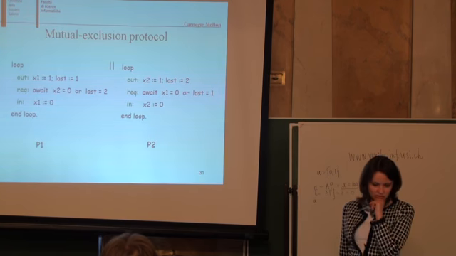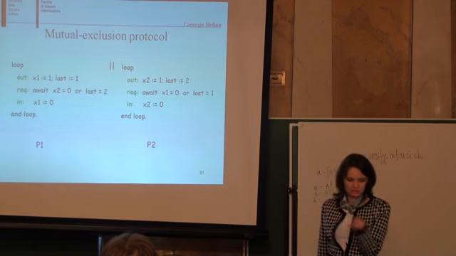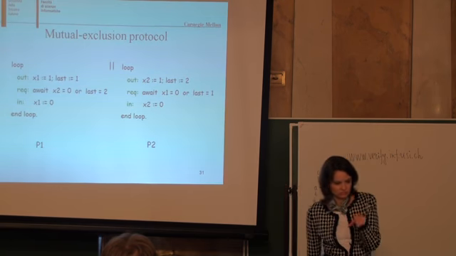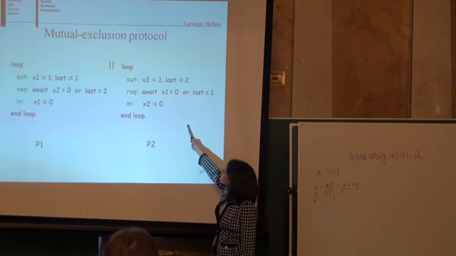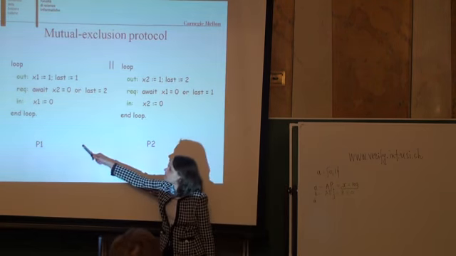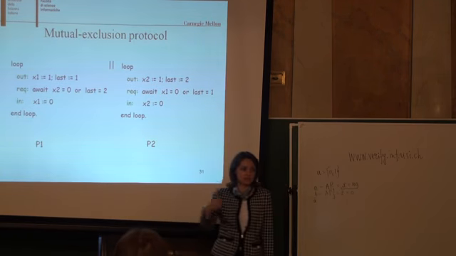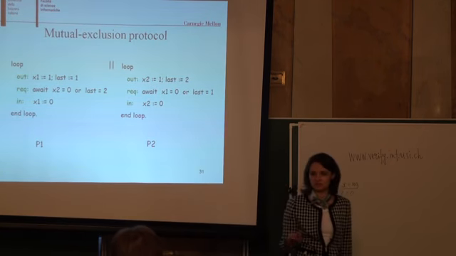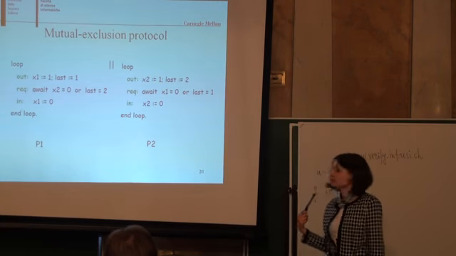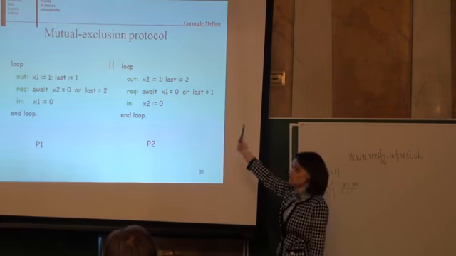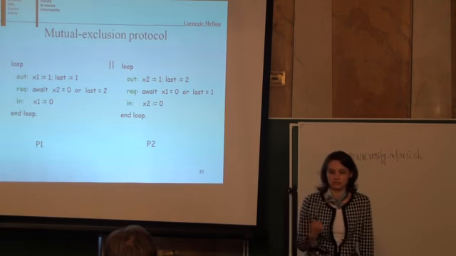Are they sharing x1 and x2? Yes, they are. No, wait a second. This one cannot modify x1, and this one cannot modify x2. It's reading it, but it's not writing. But they are both modifying the variable last, right? So there is shared data there.